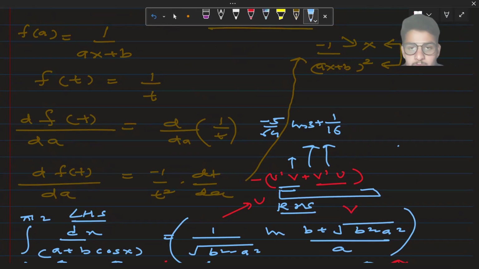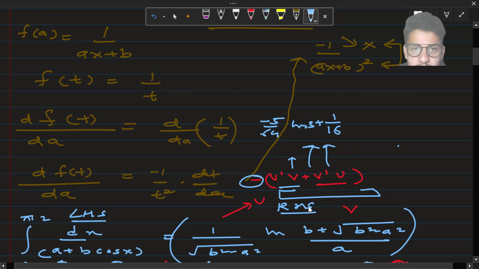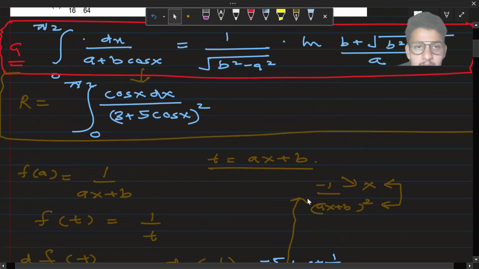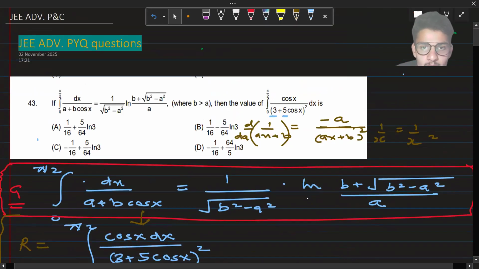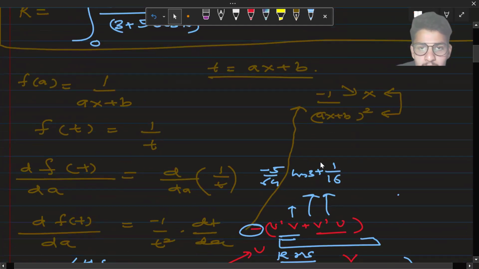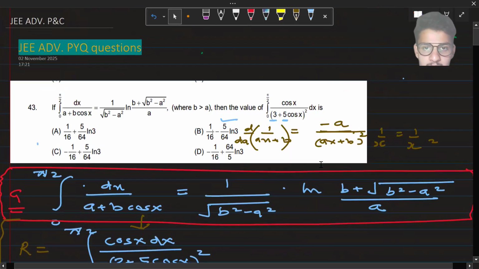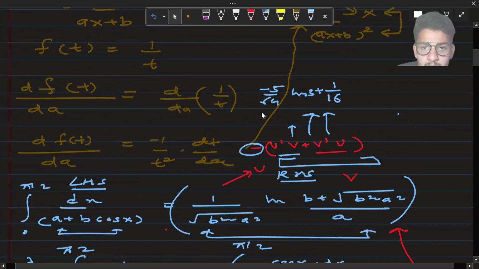I will say no, because minus is also there. Never forget this, otherwise you will make the mistake there. See, minus 5 upon 64 plus 1 by 16 will also be in the options. It is there, but never make this kind of mistake because minus is there.